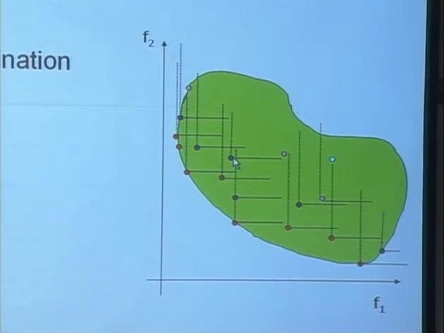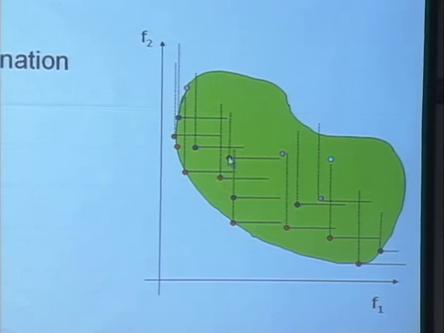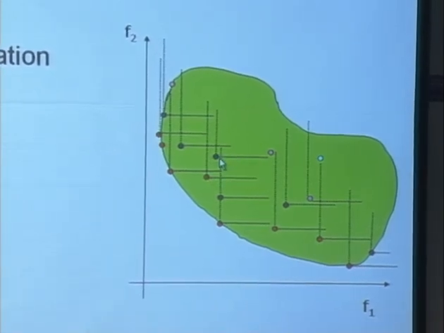So, I cannot say one is better than the other, whereas if I compare this solution with this red solution, I can see that the red solution is better in terms of both objectives than this solution. So, this blue solution is dominated by this red solution, or in other terms, I can say that my red solution is non-dominated with respect to this blue solution.